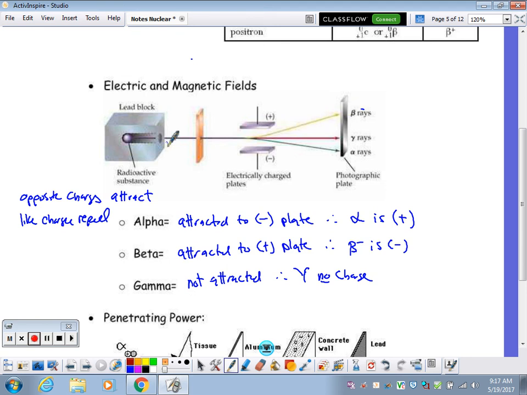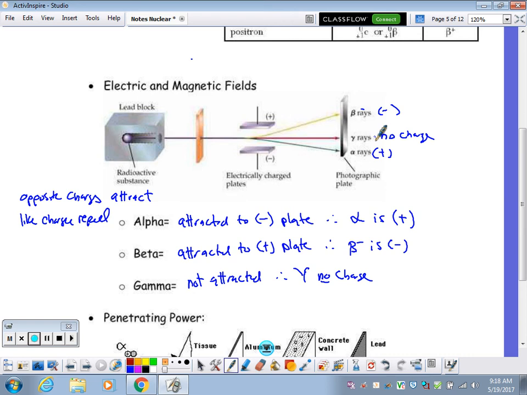The alpha particle bends towards the negative plate, so the alpha must be positive in nature. And since the gamma is not affected by either, it just passes straight through, the gamma must not carry any charge.